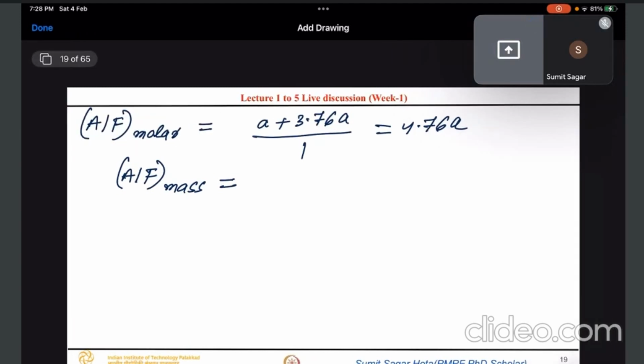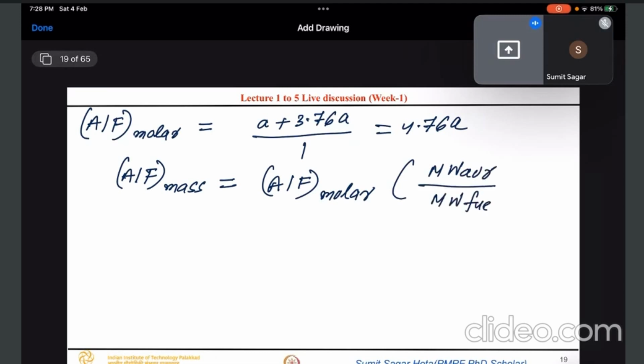Air-fuel ratio mass is equal to air-fuel ratio molar into molecular weight of air divided by molecular weight of fuel. What is the molar air-fuel ratio? It is already there, 4.76a.